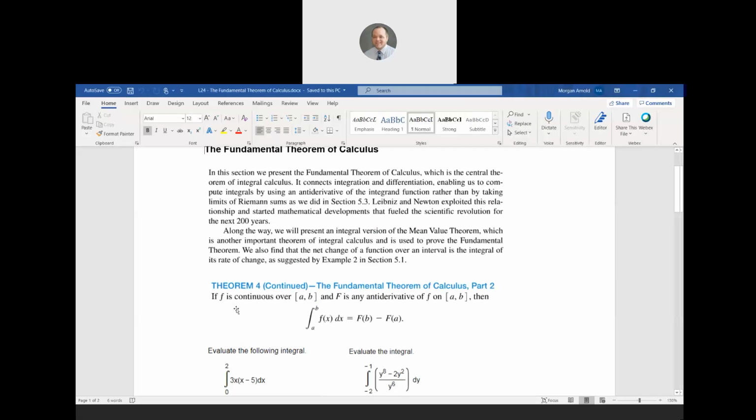I'm just reading this straight from the page: if f is continuous over a closed interval [a, b], and capital F is any antiderivative of lowercase f over the interval, then the integral from a to b of f of x dx is equal to capital F of b minus capital F of a.